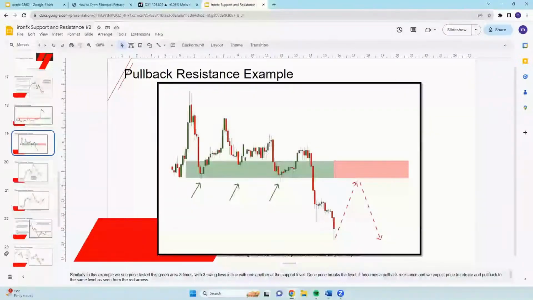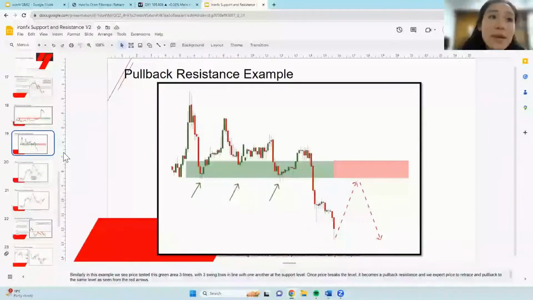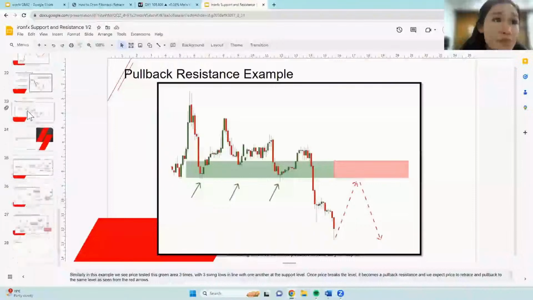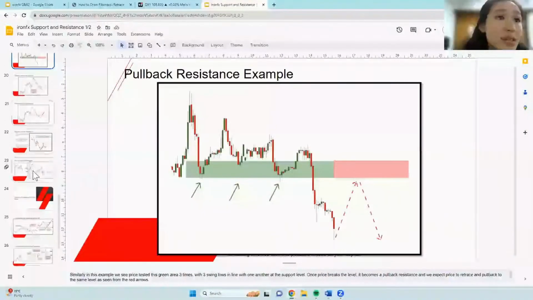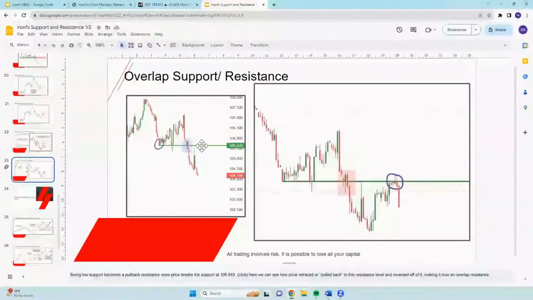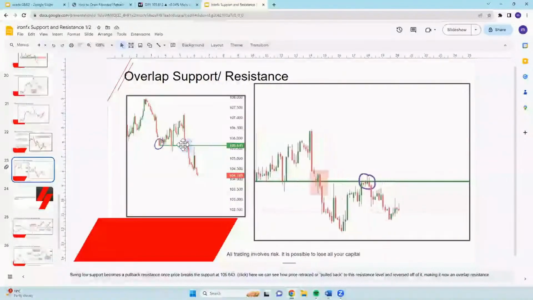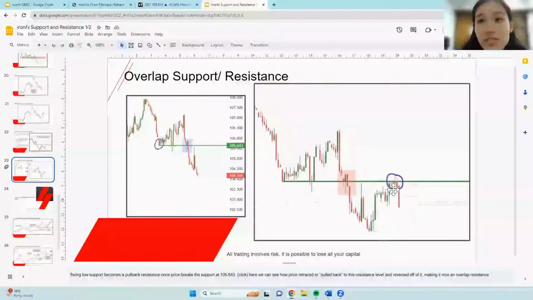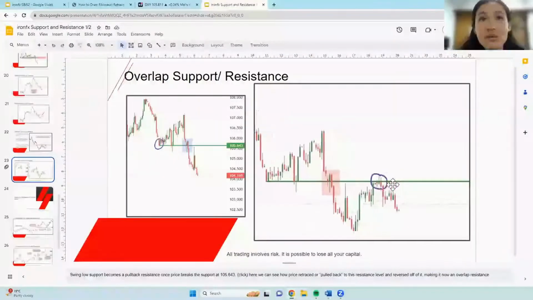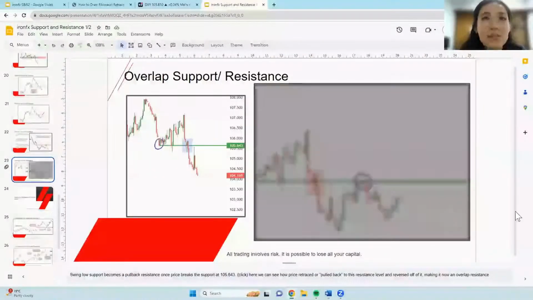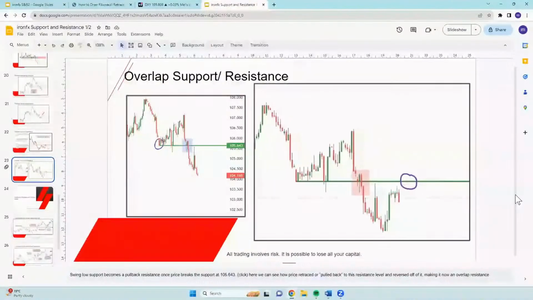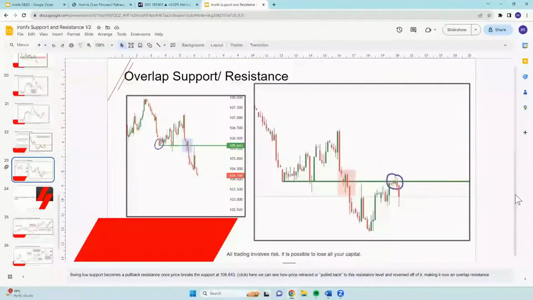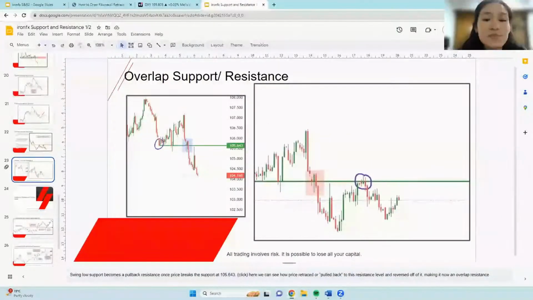Then once price reverses back to that, it becomes an overlap. In this example it's a pullback, and if you look at the GIF, once it returns to that level, it becomes an overlap.